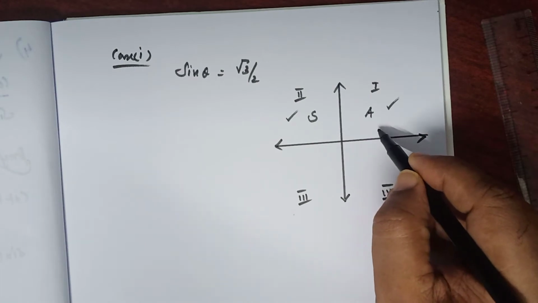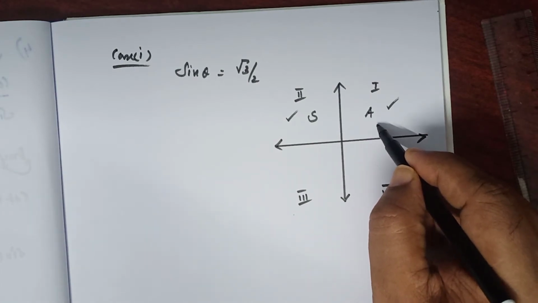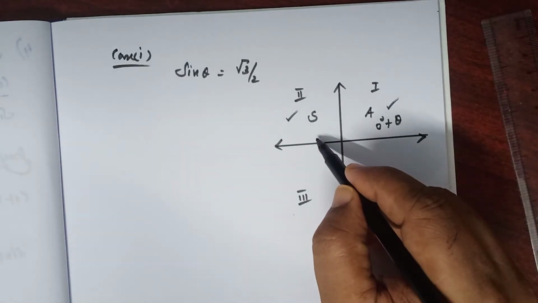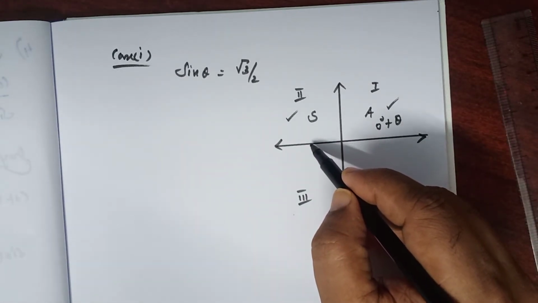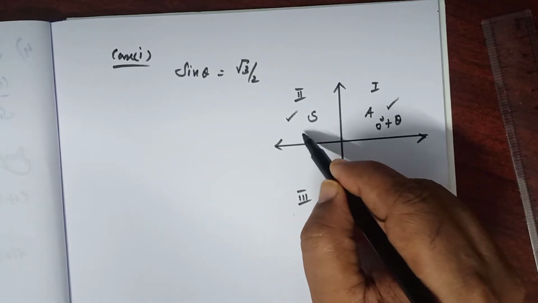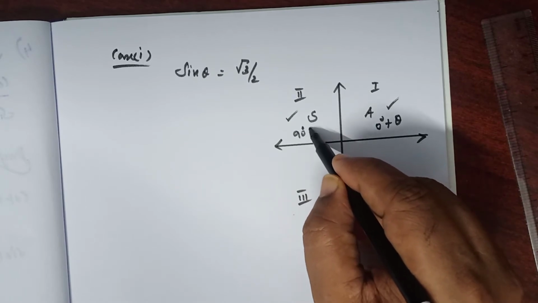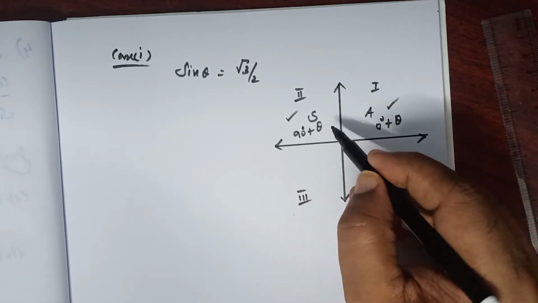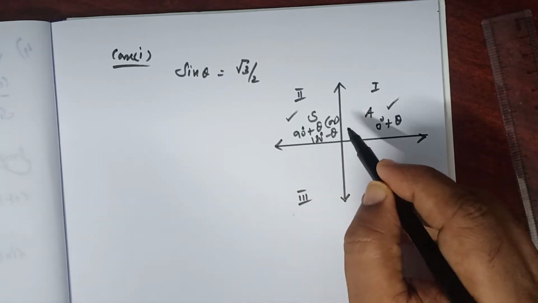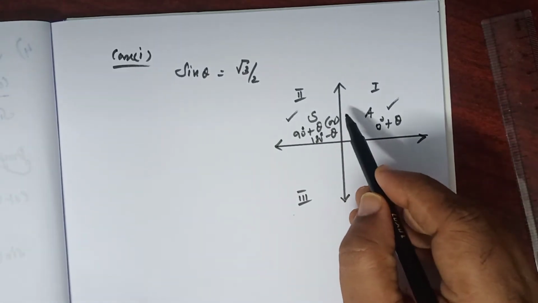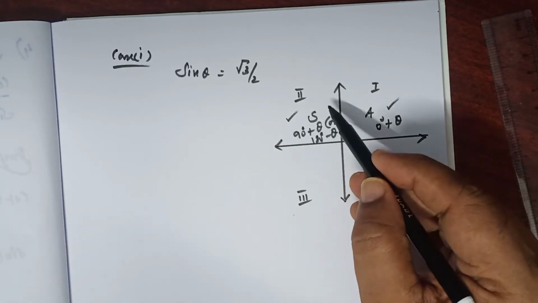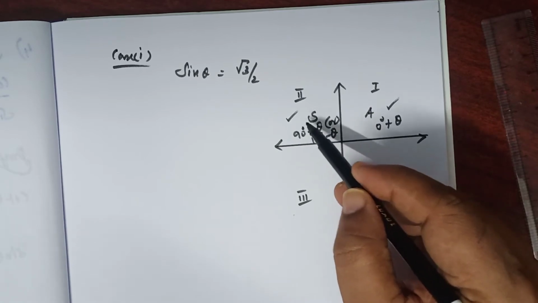Here the first quadrant is 0 degree plus theta. Here this is 180 minus theta or 90 plus theta. If you move from 90 degree in the anti-clockwise direction, you get 90 plus theta.